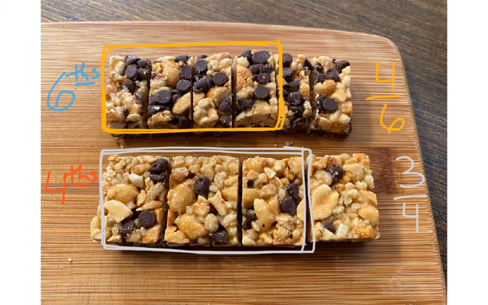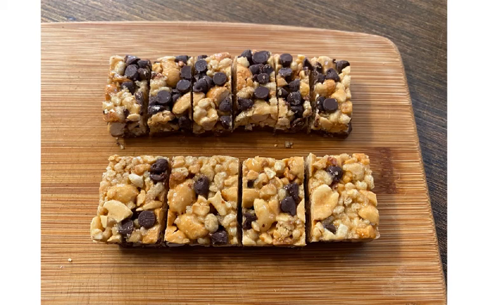So we would say that 4/6 is less than 3/4.